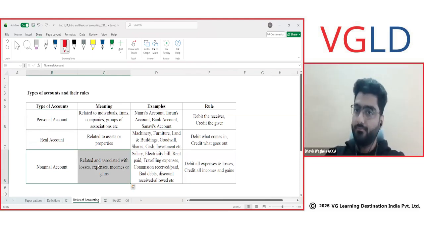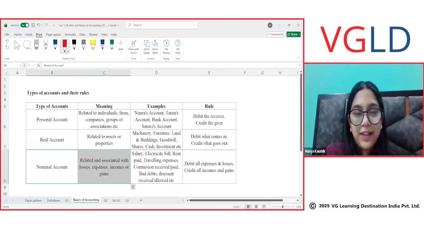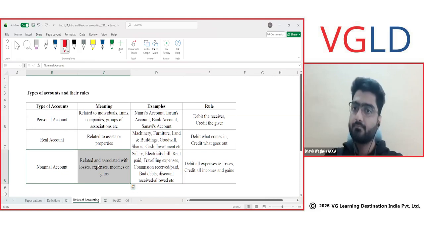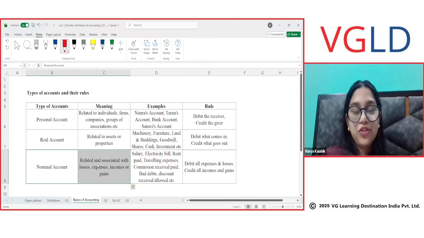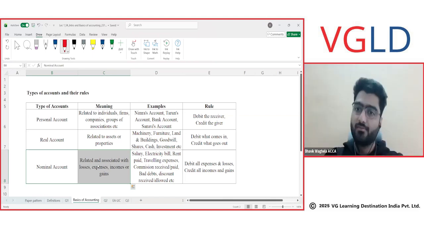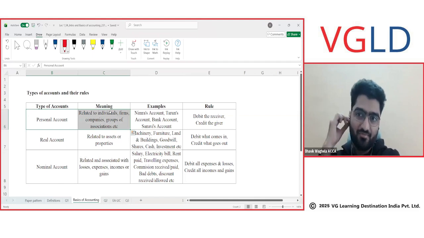Yes, Manya. Sir, you told us that a debtor is our asset and it is also a person. Correct. So which rule do we apply? Personal. See, debtor is a person, right? So obviously, I will be going with personal only.